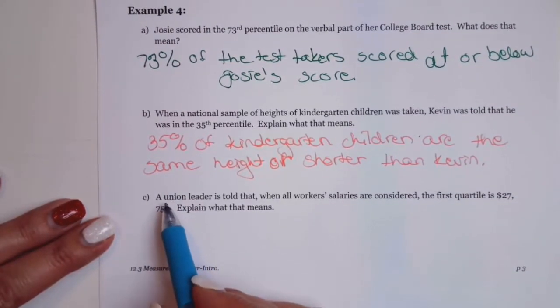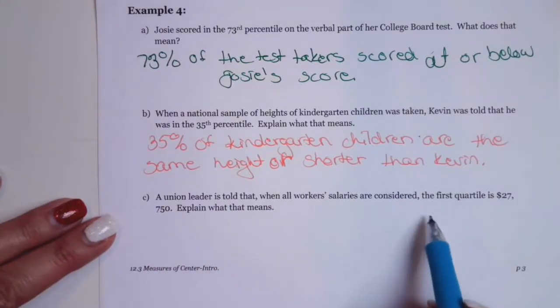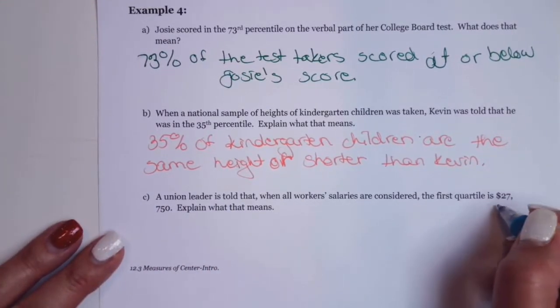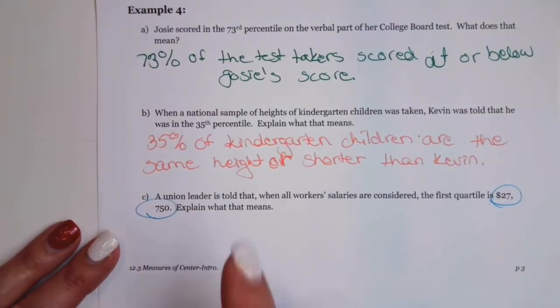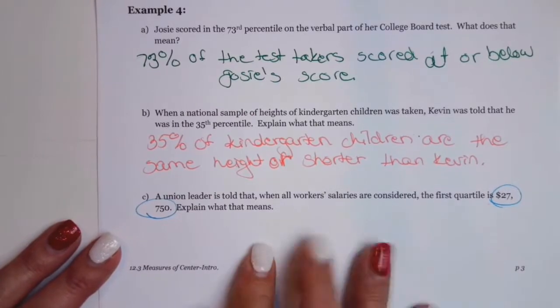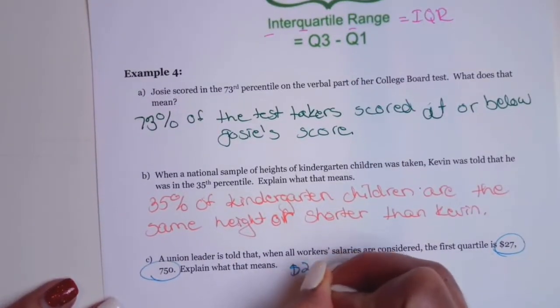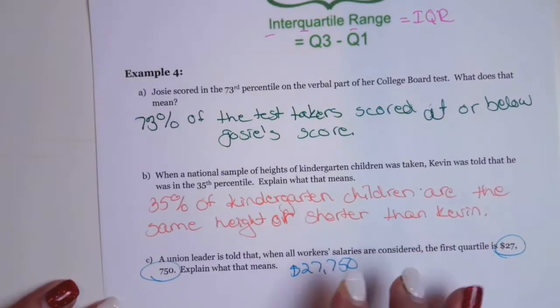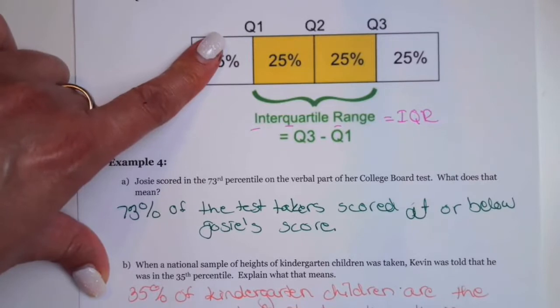This is different. A union leader is told that when all worker salaries are considered, the first quartile is $27,750. Explain what that means. So, this is what we're talking about, the first quartile here.